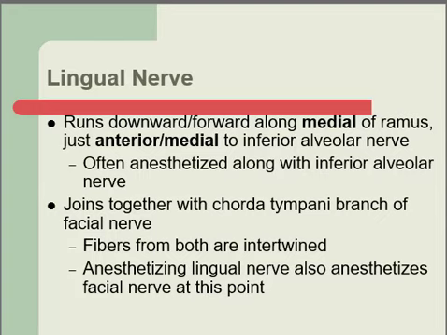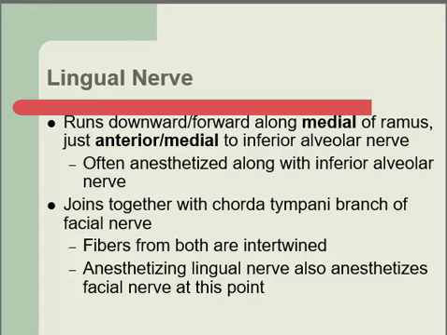So who cares? Well, it's important, right? Because sometimes a patient will say, and you'll think to yourself, gee, only my tongue's numb, my teeth aren't numb. So what does that mean? It means that the needle wasn't placed deep enough to get the inferior alveolar nerve, because that's what makes the teeth numb. The lingual nerve makes the tongue numb.